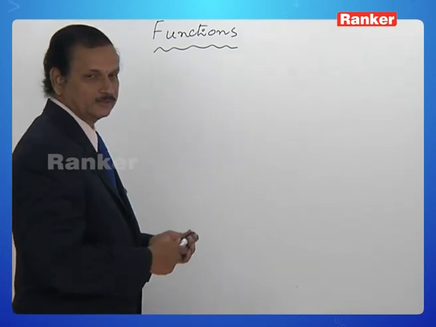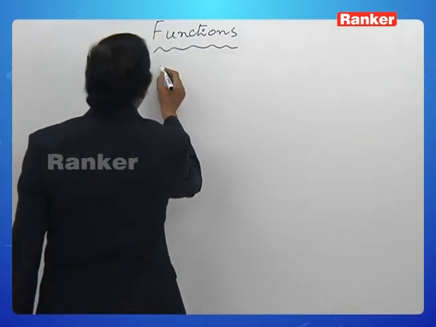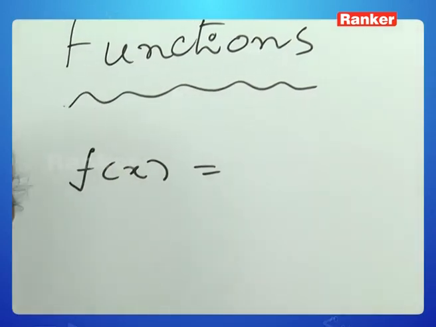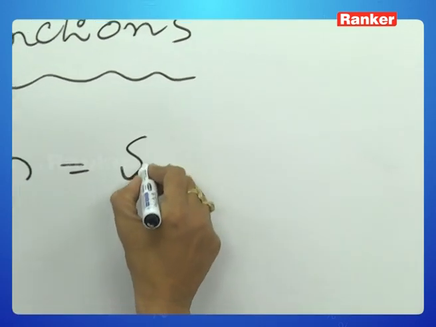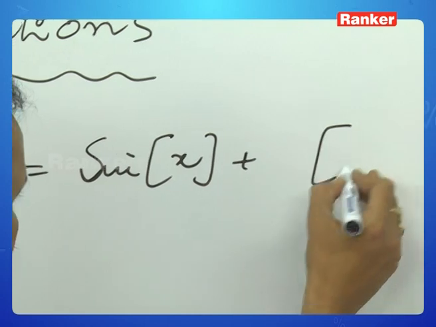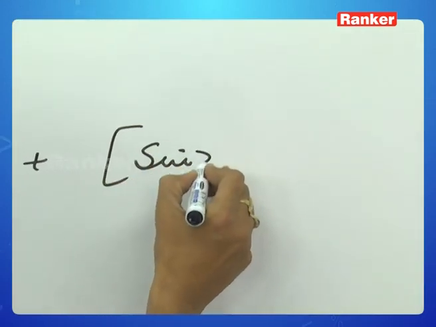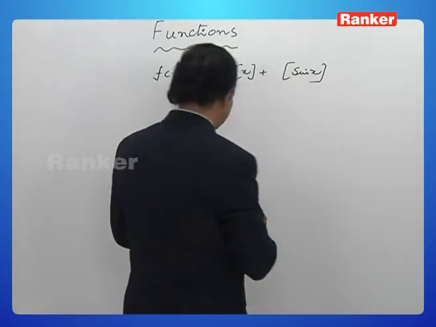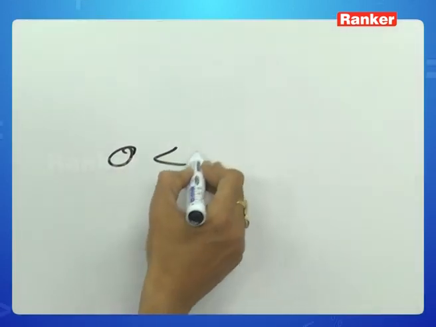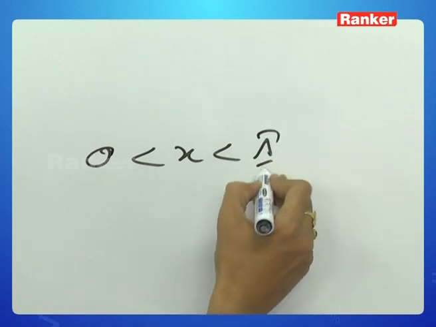He has given that f of x is equal to sine of integral part of x plus integral part of sine x, and 0 is less than x less than pi by 2.